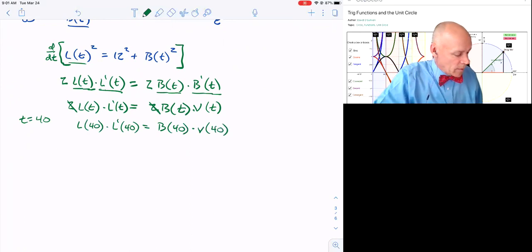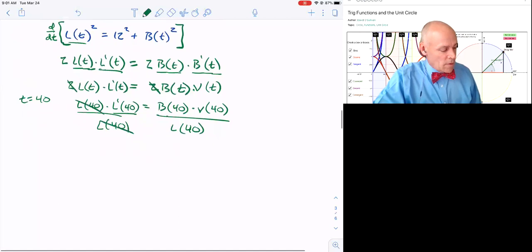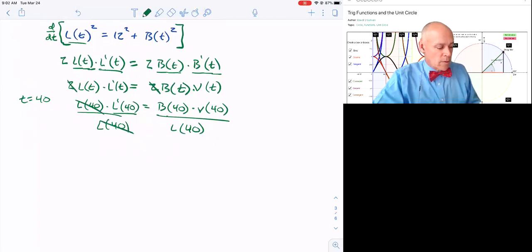And I'm going to solve for the variable I'm looking for. So I'm going to divide both sides by L at 40. L at 40 cancels, and so I have L prime at 40 is equal to this.